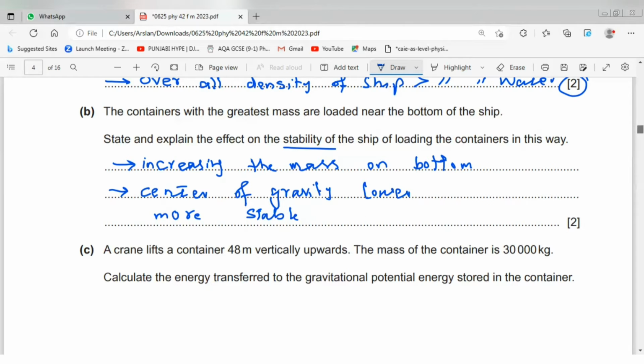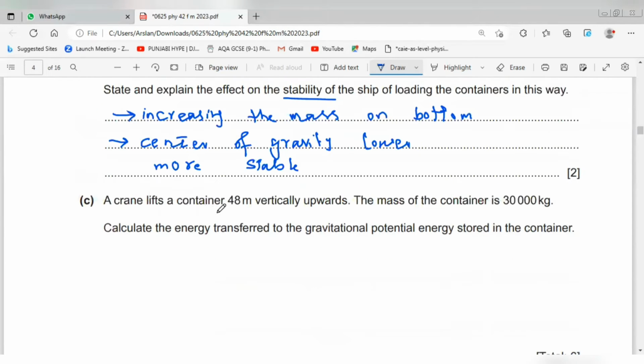Okay, next part C. A crane lifts a container 48 meters vertically upward. The mass of the container is 30,000 kg. Calculate the energy transferred to the gravitational field, the gravitational potential energy stored in the container. So you have to write the gravitational potential energy, which is equal to mass times gravitational acceleration times height, which we are given.